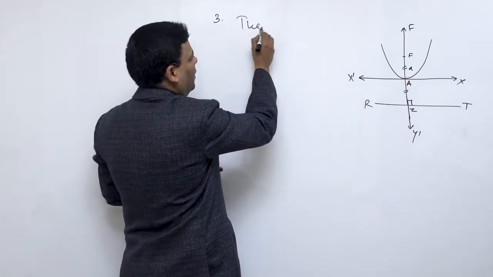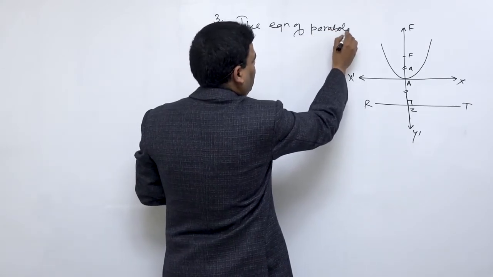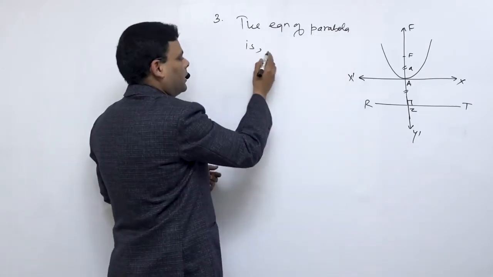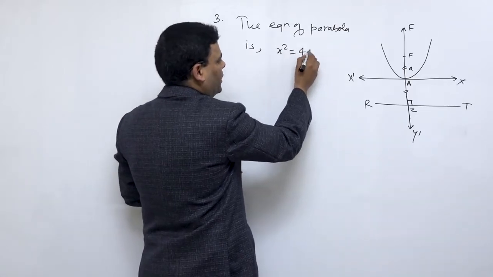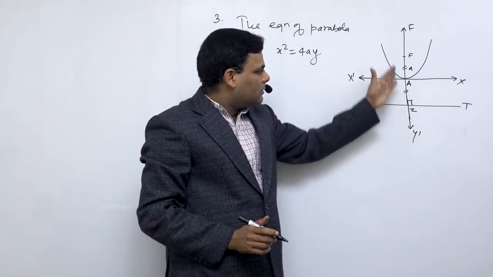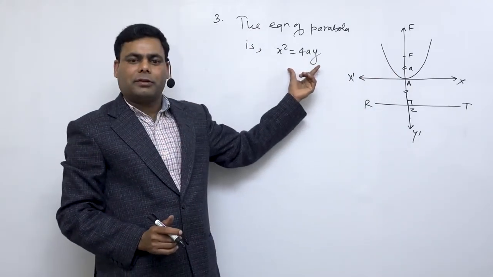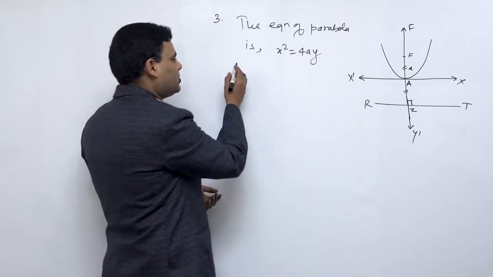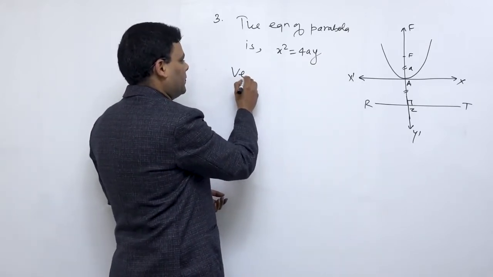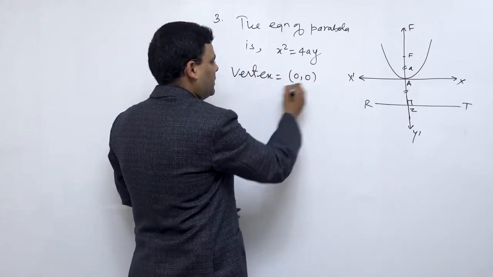The equation of parabola is x square equals to 4ay, because in this case the axis of parabola is along the y axis. Its vertex is 0 comma 0.